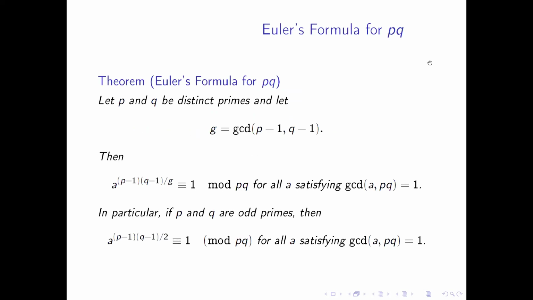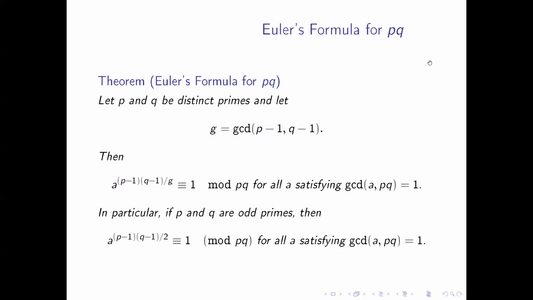This is going to be Euler's formula for P and Q, for a product of two primes, and it can be generalized. Here is the theorem that maybe you saw. P and Q, let them be distinct primes, and let G be the greatest common divisor of P minus 1 and Q minus 1.